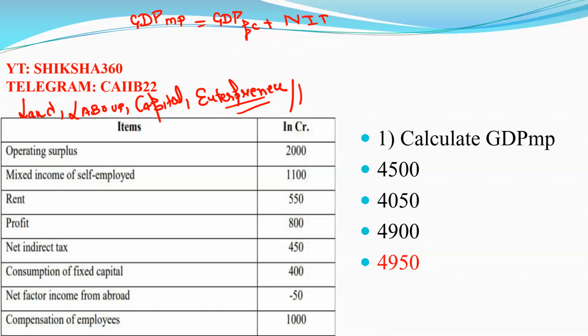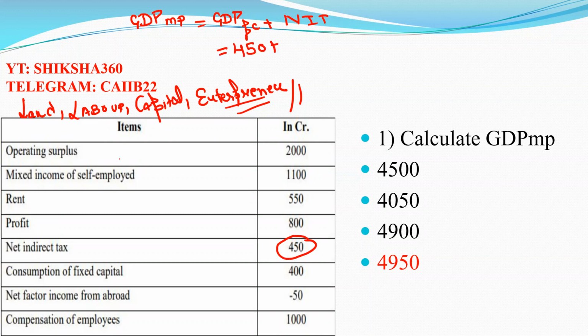Now we have to calculate the GDP at the market price. Let's check one by one what we have to include. First of all, factor cost plus net indirect taxes. Net indirect taxes means that we have to include rupees 450 here. So we will add 450 crore.